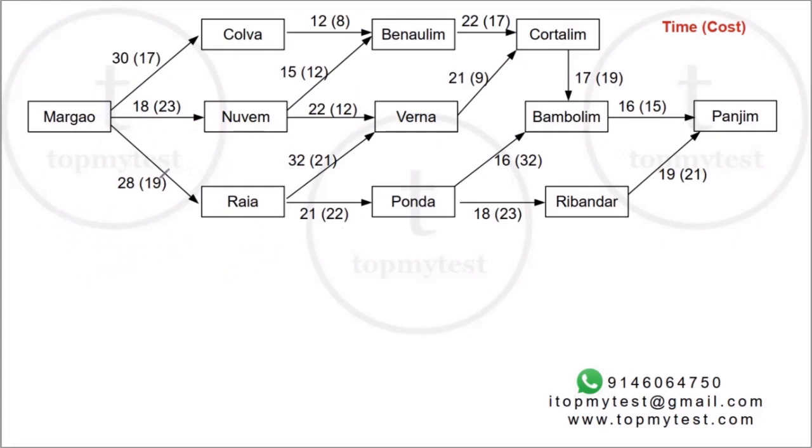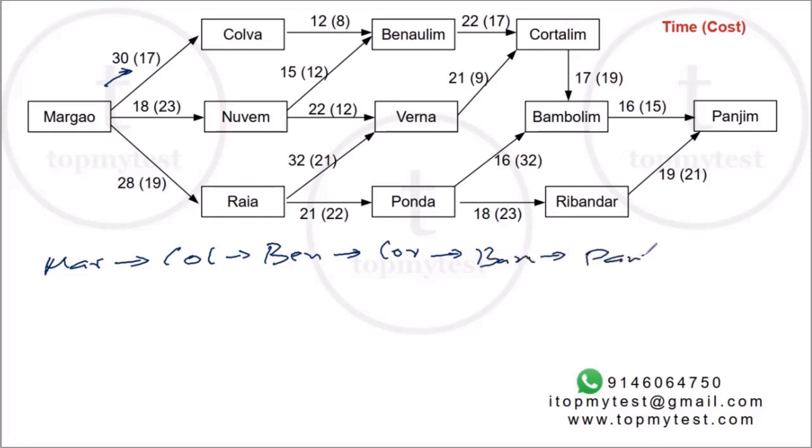So one route will be, let's try from Margao to Kolva. Let's see how many routes are available. So you have Margao to Kolva to Benoli to Kurtali to Bamboli, then to Panjim. Nothing else if you go towards Kolva. Right, next one is towards Nuve. So you have Margao to Nuve, now from Nuve there are two bifurcations.